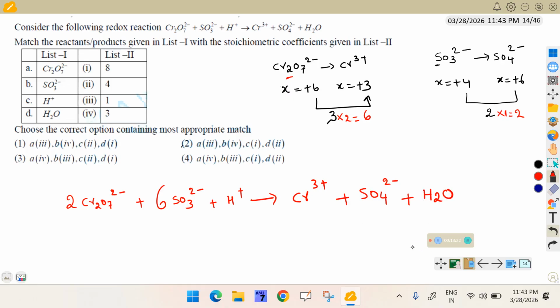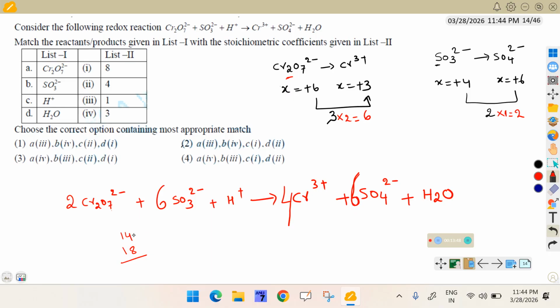Now balance the remaining equation. 2 into 2, 4 chromiums, so 4 moles of Cr3 plus. 6 sulfur atoms are present, 6 moles of SO4 2 minus. Now total number of oxygens: 7 into 2 is 14, 6 into 3 is 18.